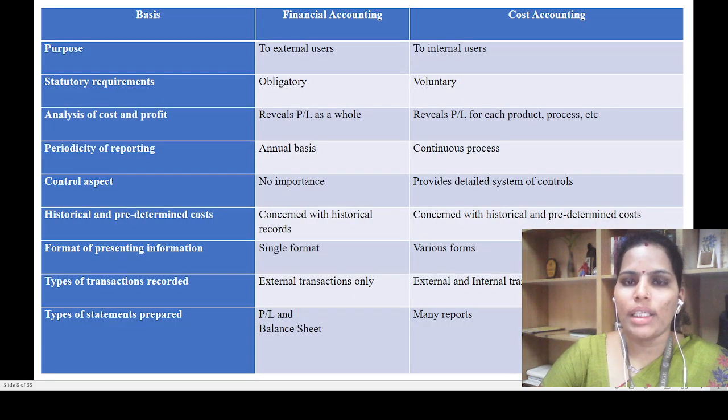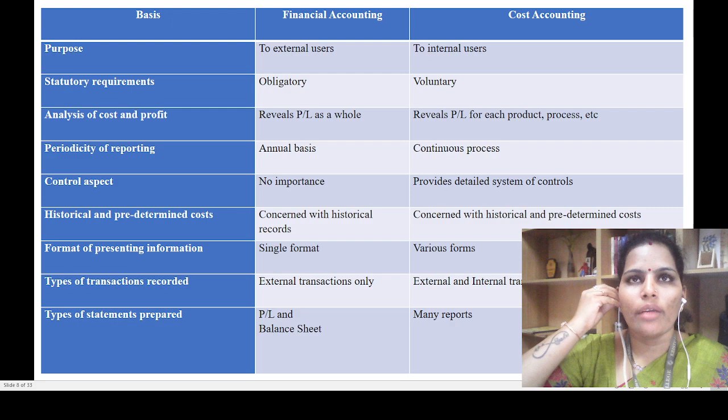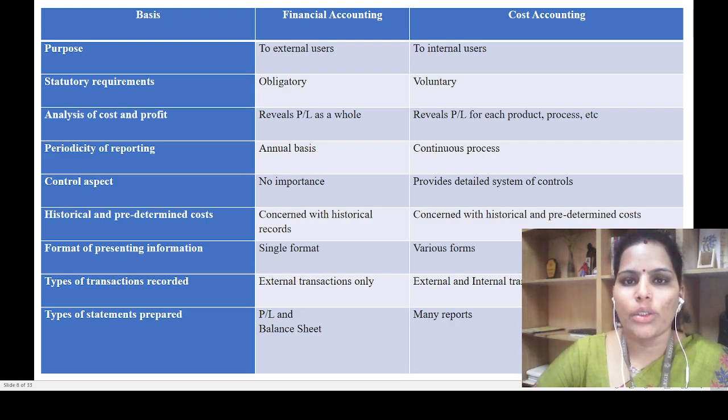Next, we'll see the difference between cost accounting and financial accounting. First, as you know, financial accounting is for external users like investors, financial institutions, those who are lending loans, and creditors. Cost accounting is for the people who are working inside the organization.